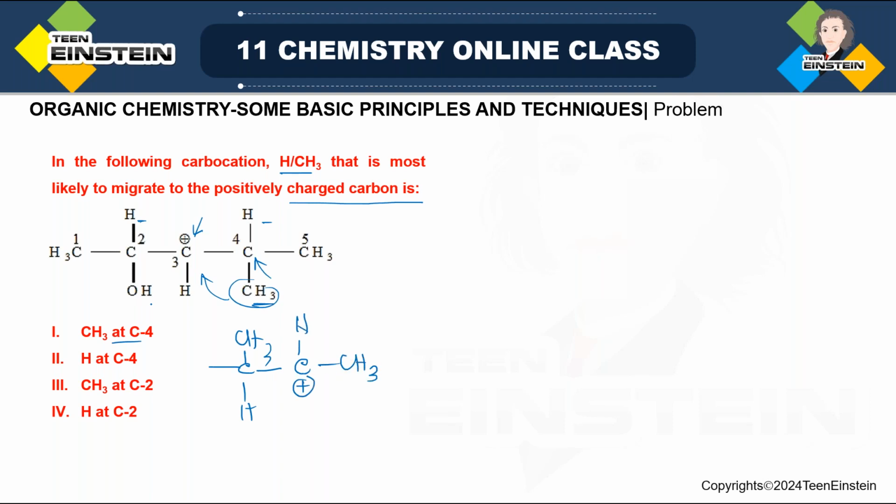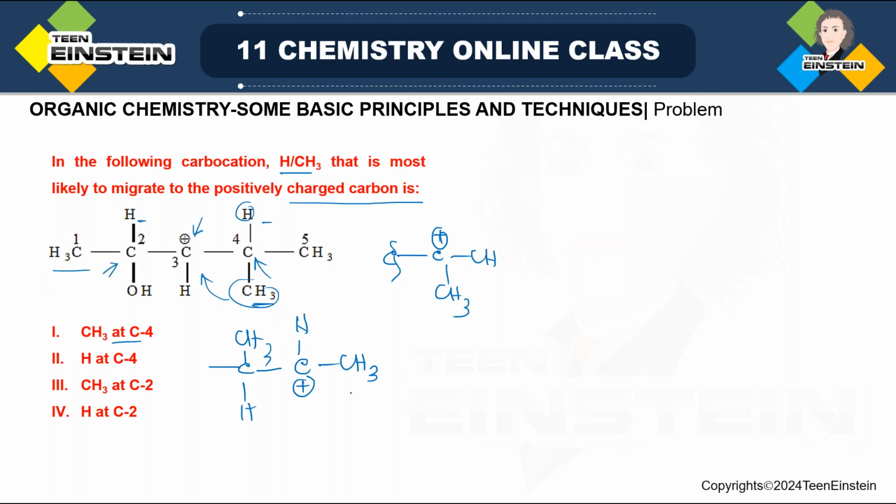Okay. Now if it is hydrogen at C4, if this is migrating, then also you will get positive charge over this. If it is CH3 at C2, this one it is talking about. If this is shifted, now there will be a positive charge at this position.